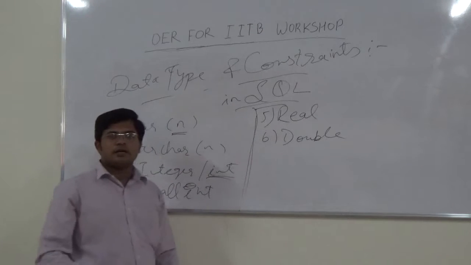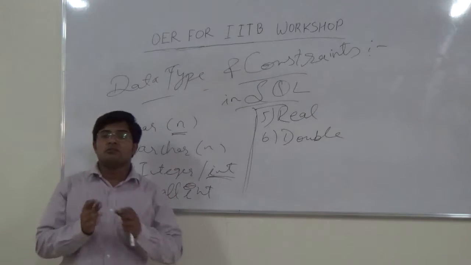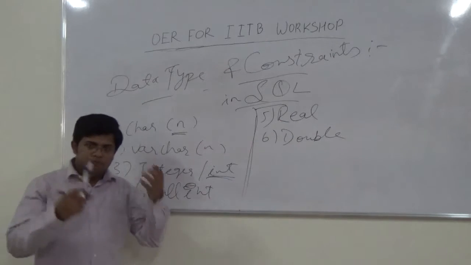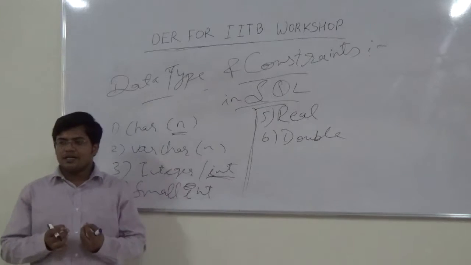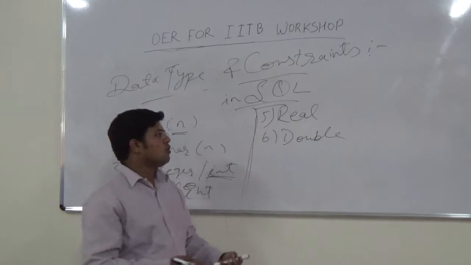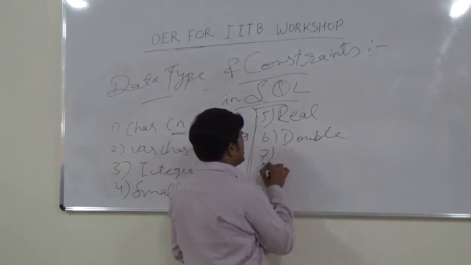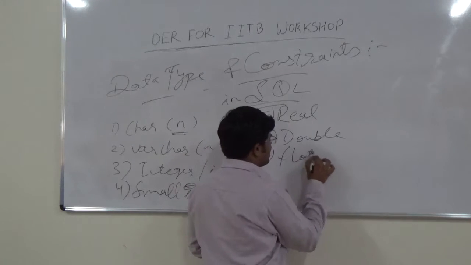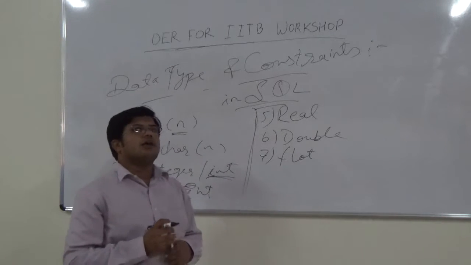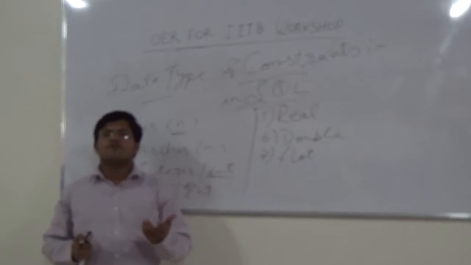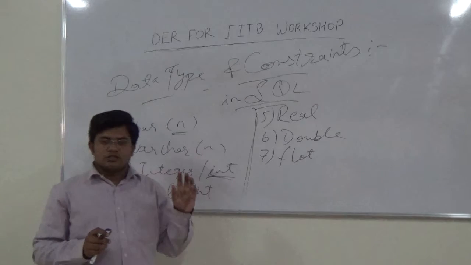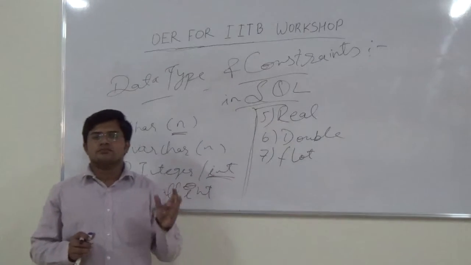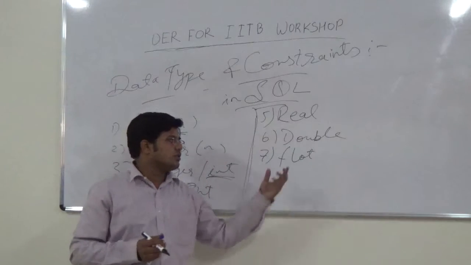Double precision means we are talking about decimal numbers. For precise scientific calculations we use double as a data type. Then the next one is float, a normal decimal number. For example, if we have 44.50 rupees for a purchase, or 2.50 per item, something like that we use a float.